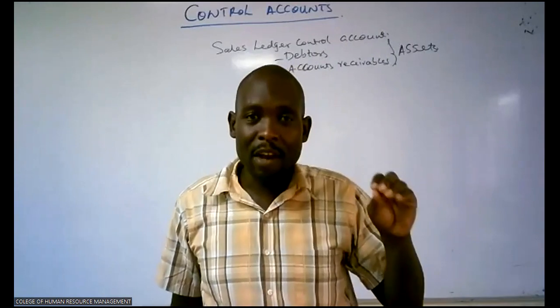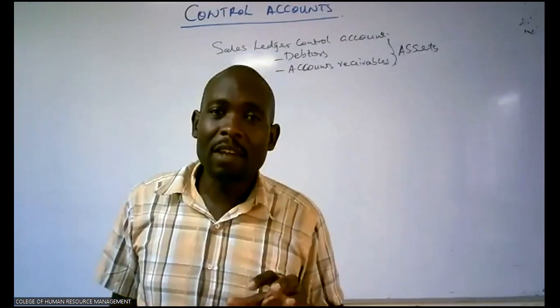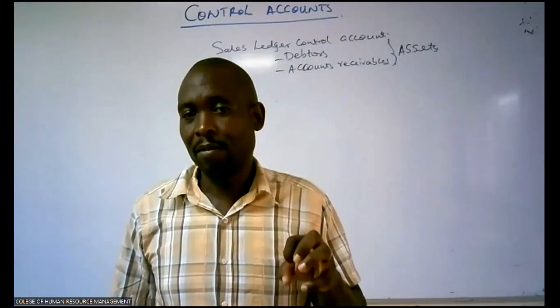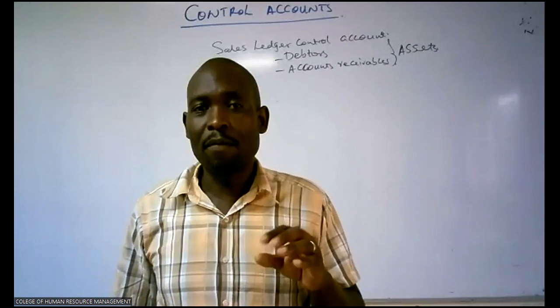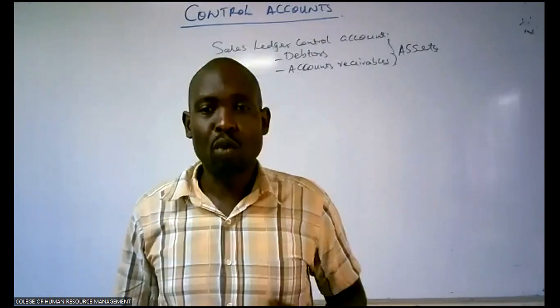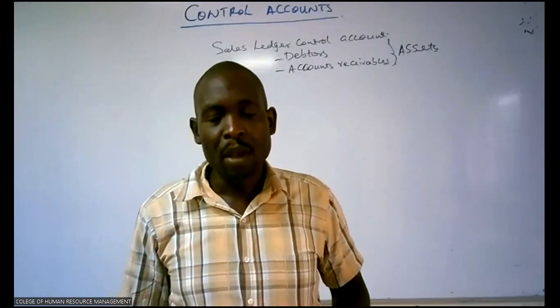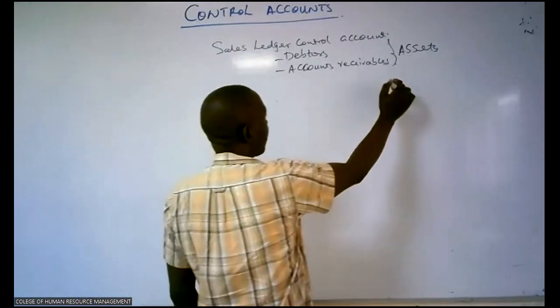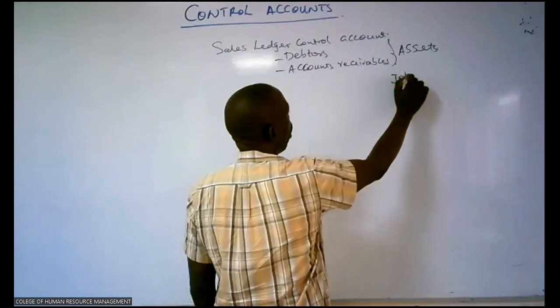So the sales ledger control account gives us a summary of all the individual debtors. Let me give you a very simple example for you to be able to comprehend what I'm saying. Maybe at a certain date, we sold goods to John.